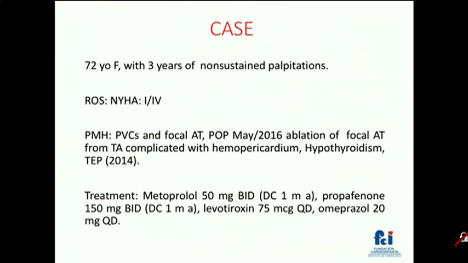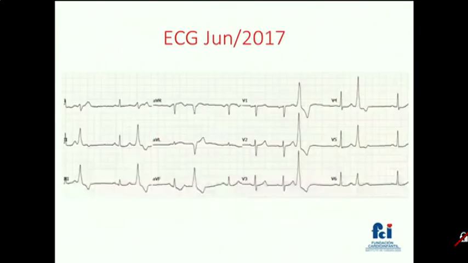She was taken to ablation of that focal tachycardia and ablation of the PVCs. At present, she is managed with metoprolol 50 milligrams, which was discontinued for the procedure, and propafenone, which was also discontinued. But despite the use of these medications, she still had symptoms.